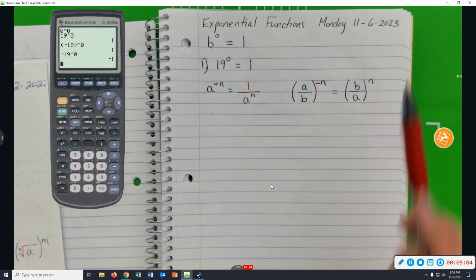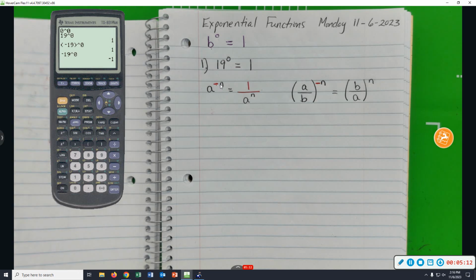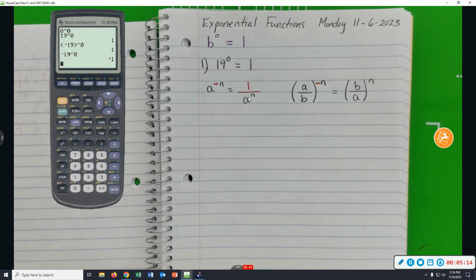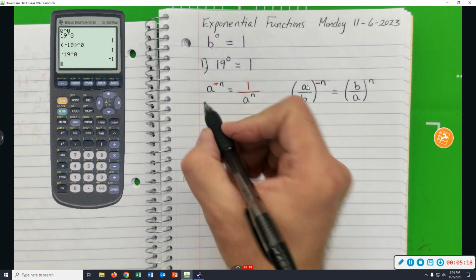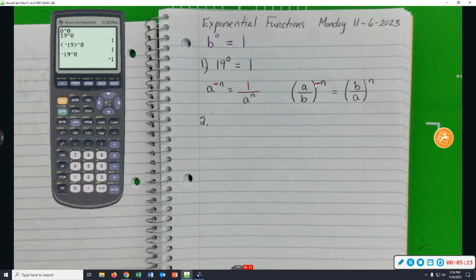And this case is a result of the definition of negative exponent. A to the negative n is the same thing as 1 over a to the positive n. If it's a fraction, the reciprocal of a over b is b over a, but by taking the reciprocal, the negative exponent becomes positive. Let's look at number 2.